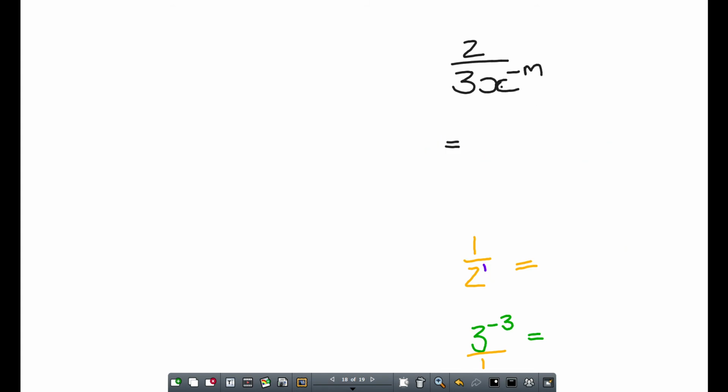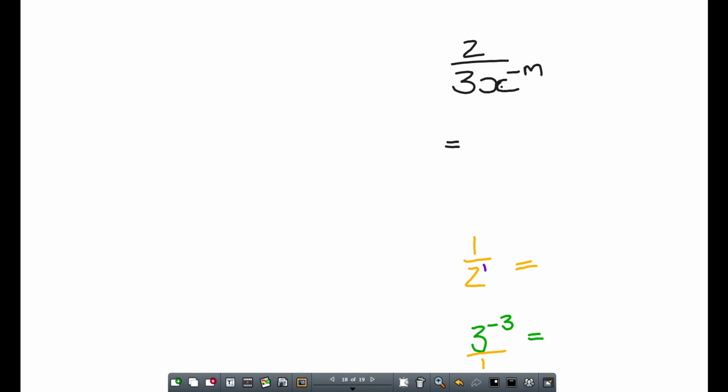Okay, let's look at this one. Now, in the previous example, I said specifically what moves to the top or the bottom? The exponent and the base. So, who wants to guess? What would I move over here?